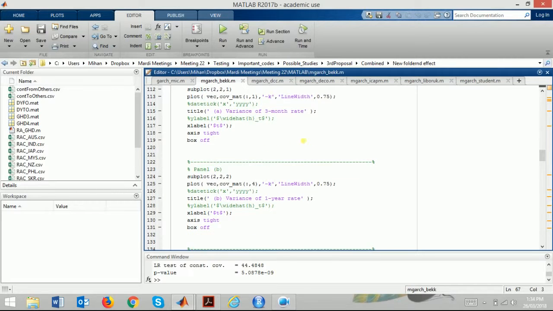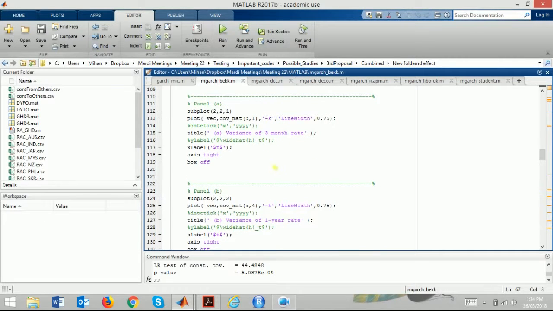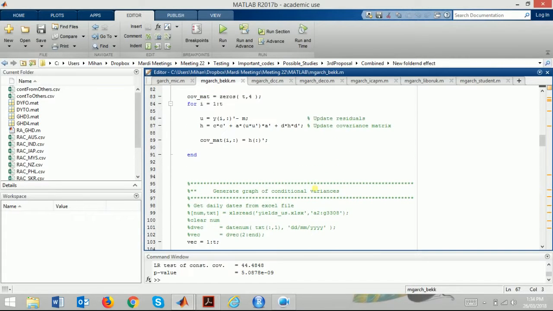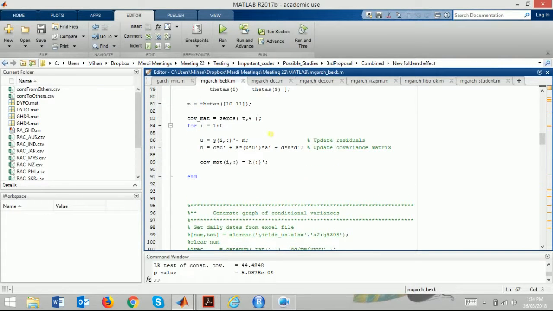Conditional covariance is, okay, fine with me. Covariance matrix, all rows, column 2, column 1, column 4.